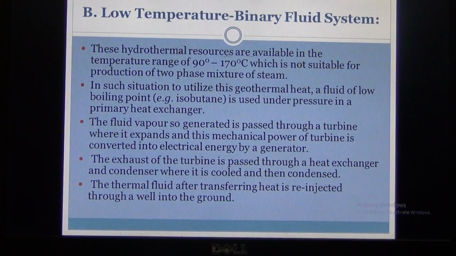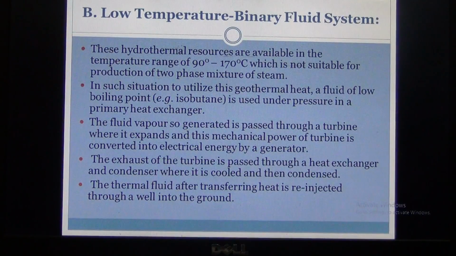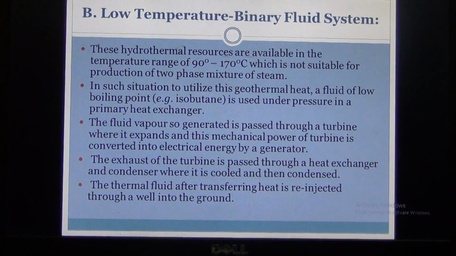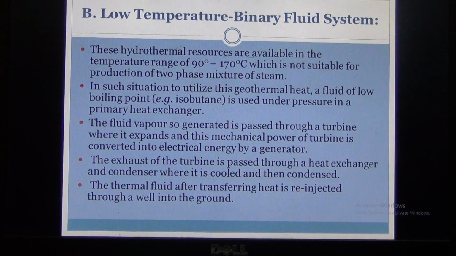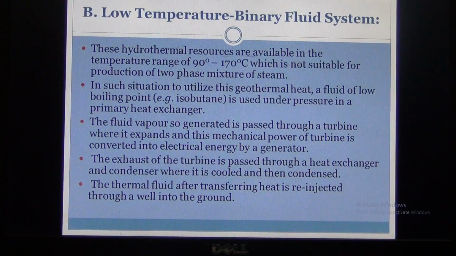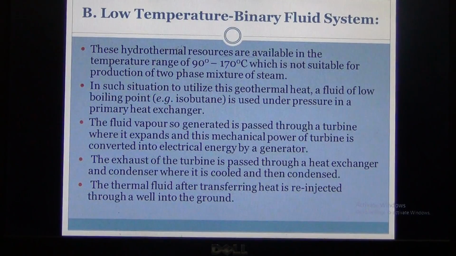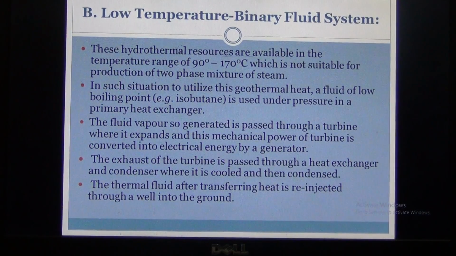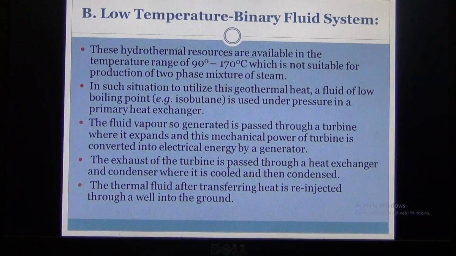The fluid vapor generated is passed through a turbine where it expands, and the mechanical power of the turbine is converted into electrical energy by a generator. The exhaust of the turbine is passed through a heat exchanger and condenser where it is cooled and then condensed. The thermal fluid, after transferring heat, is re-injected through a valve into the ground.